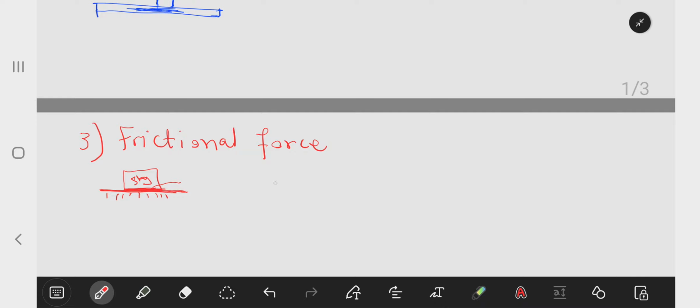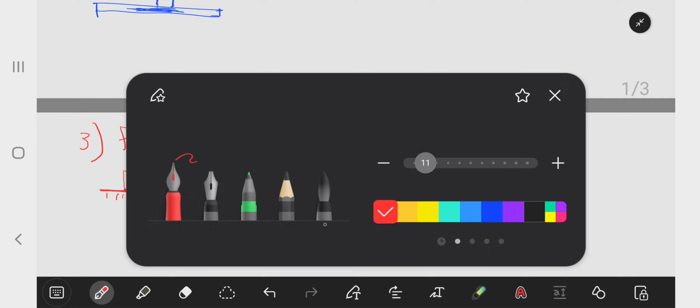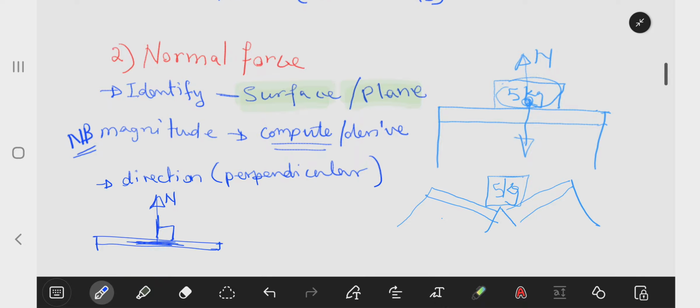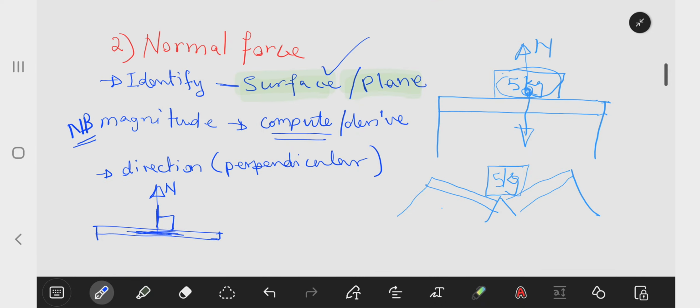However, there is a condition for the surface for you to have that frictional force. It's important to note that for you to have normal force, you must have a surface, right?